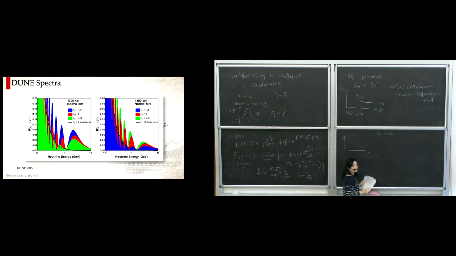Rather than thinking this is produced as nu E, I should think I produced a nu 1 and a nu 2. These are wave packets, so they must have finite extension in space. When they're produced, they're on top of each other, completely overlapping. This is at t equals 0.